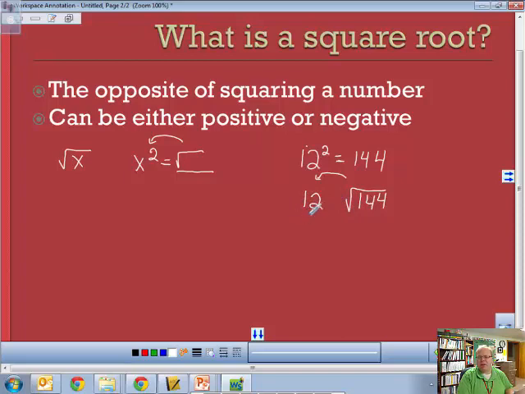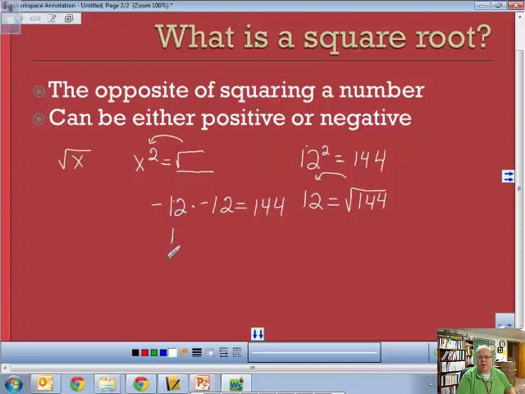Now, here's the thing to remember. Could I have a negative 12 here? If I square a negative 12, so I have negative 12 times a negative 12, doesn't that equal a positive 144?